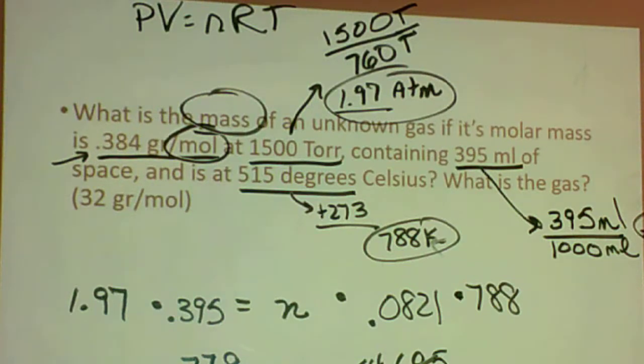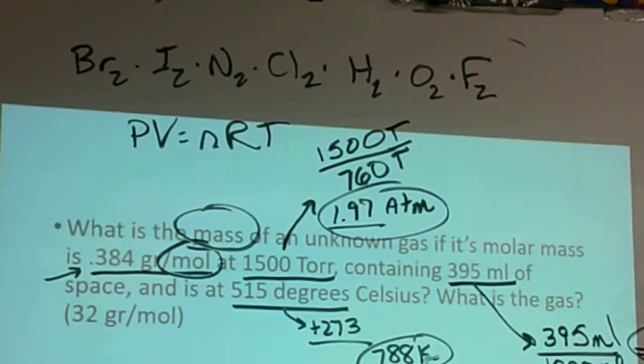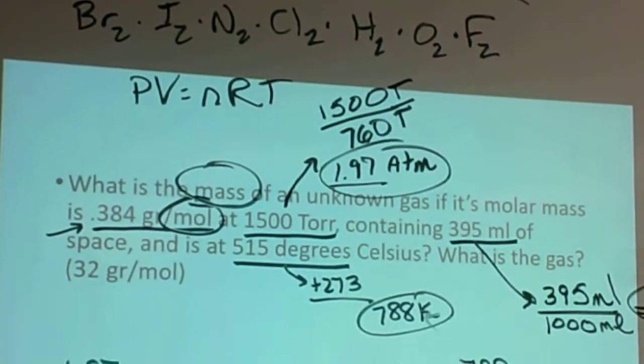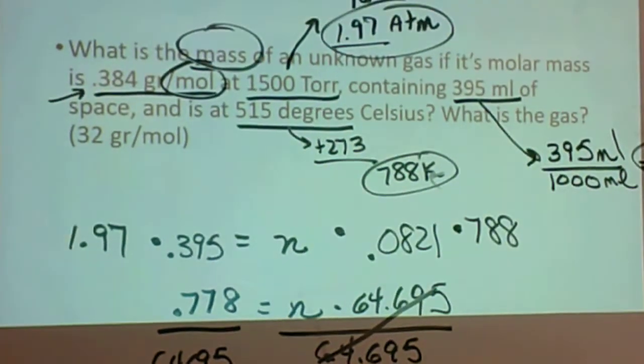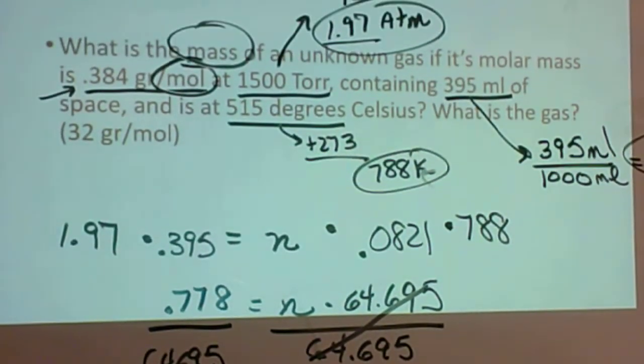Make sure it's on there. So those are my diatomic gases, and we got our numbers here. I'm going to move it down a little bit so you can see it.